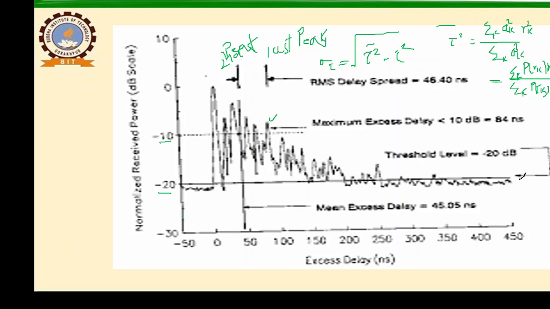The second highest peak value is going down, so it started from this region, and this is the point where the maximum excess delay is calculated, and it is about 45.05 nanoseconds.